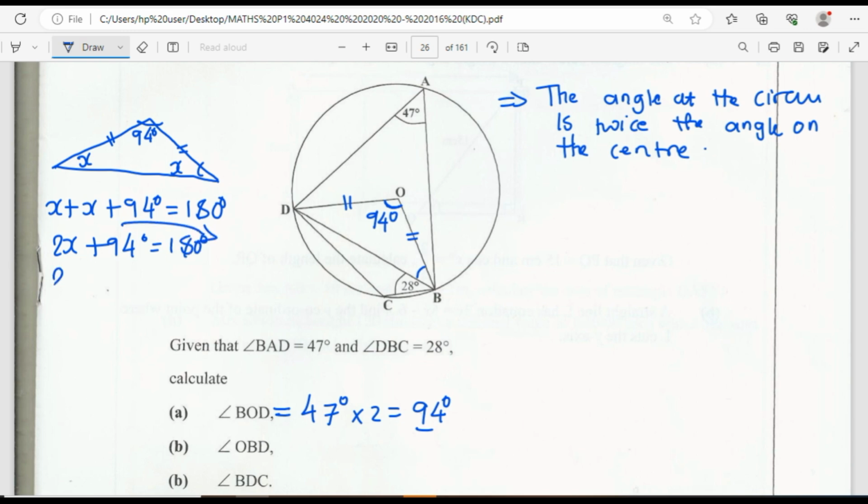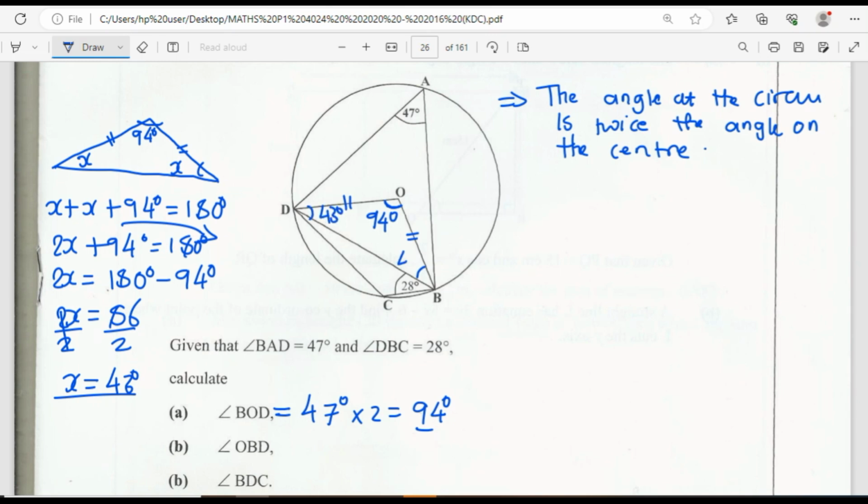We collect the like terms, so 2x is equal to 180 minus 94, which is 86. We divide by 2 and we have 43. So there is a 43 here, also a 43 here. So 43 plus 43 is 86, plus 94 is 180.